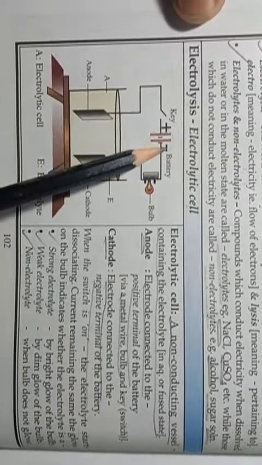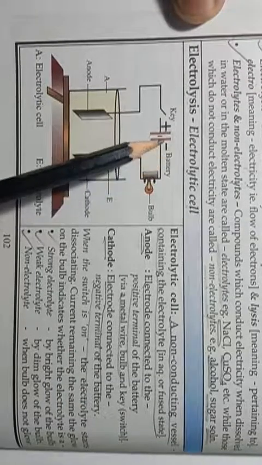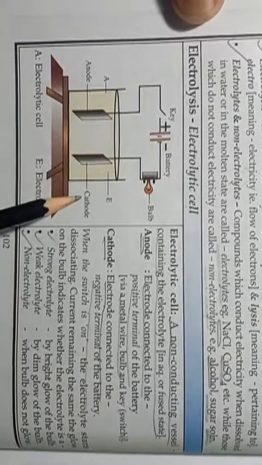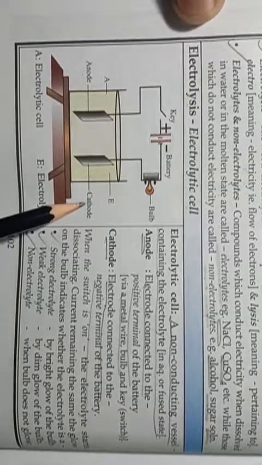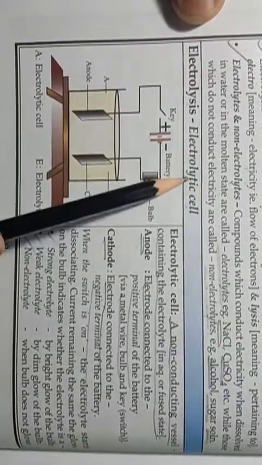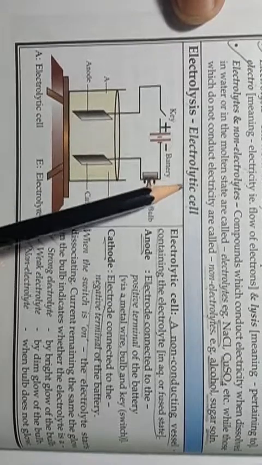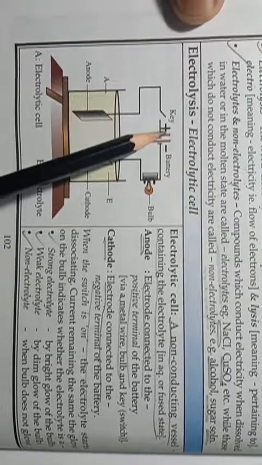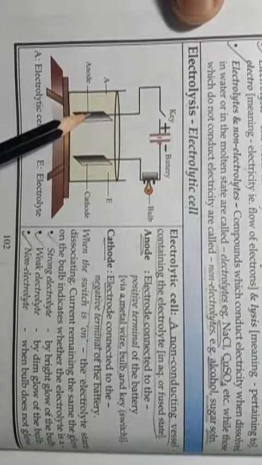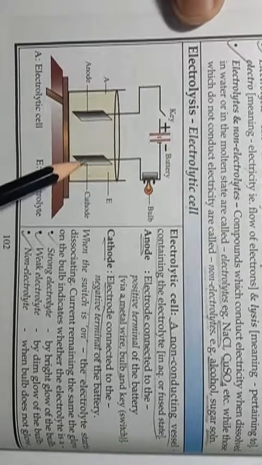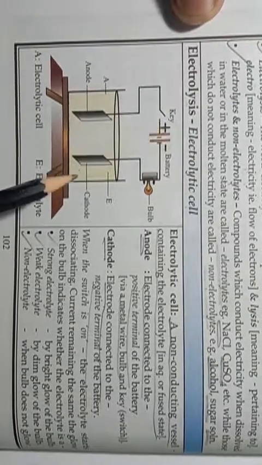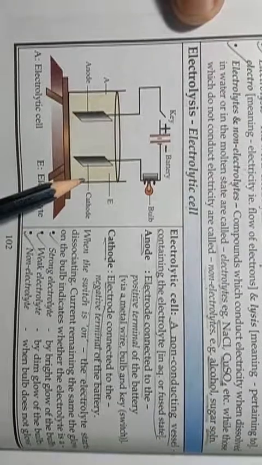This is the negative terminal of the battery, and it is connected with this plate, which is the cathode of the cell. So the cathode and anode of the electrolytic cell depend upon which terminal of the battery they are connected to. If you connect this plate with the positive terminal of the battery, then it will become the anode.